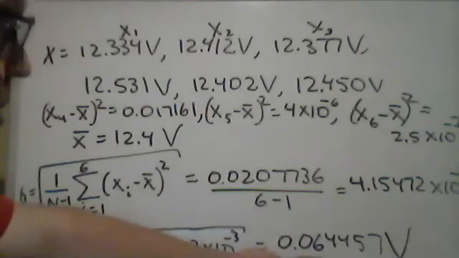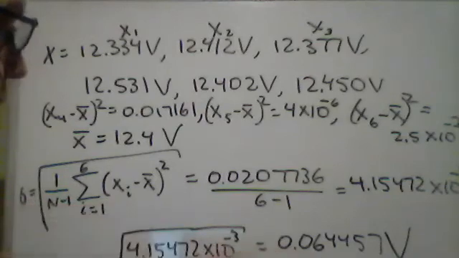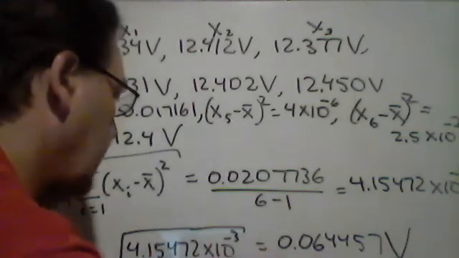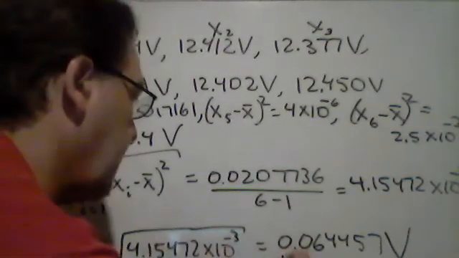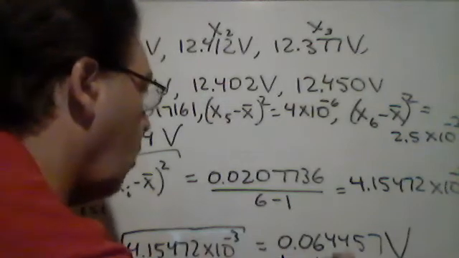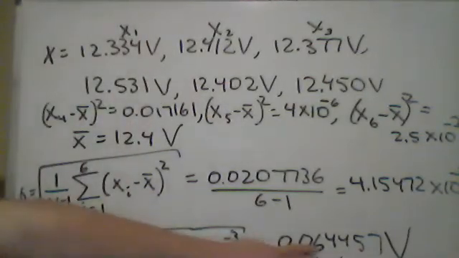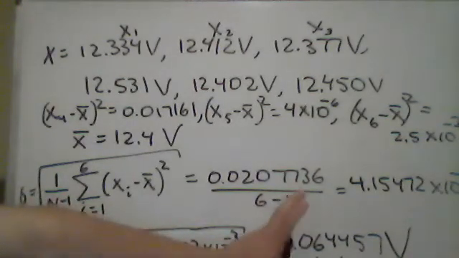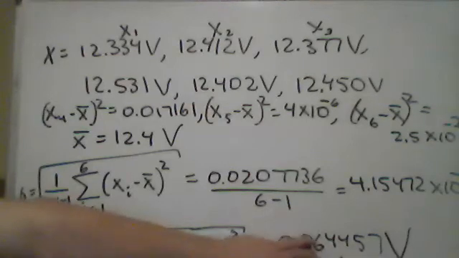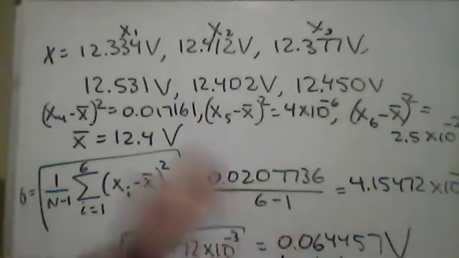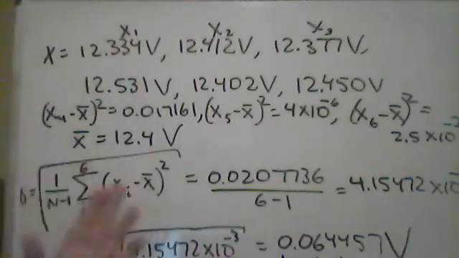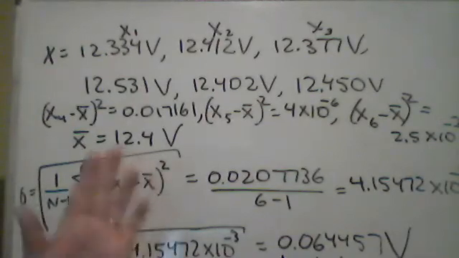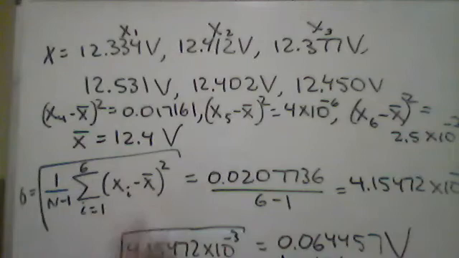The 6 is a number that's greater than 5. And so in the limitations of my measurements, my sigma is only going to be good to 0.1 volts. Because I have to take this value, the standard deviation, which is pretty good, but I need to round it such that it adheres to the limitations of my calculation, which we have already said is that my first digit of uncertainty is in the tenths place. So I go through all of this.